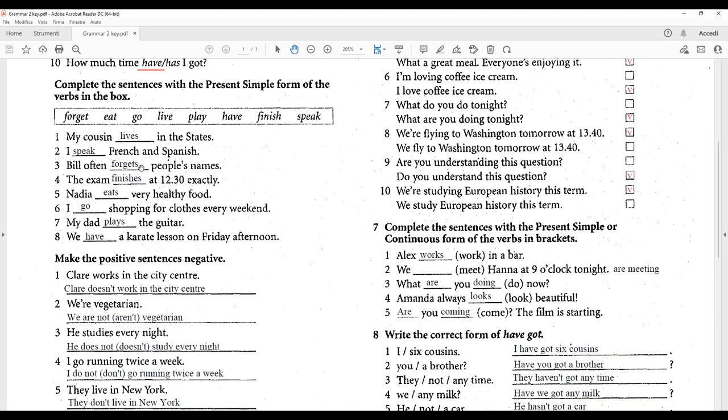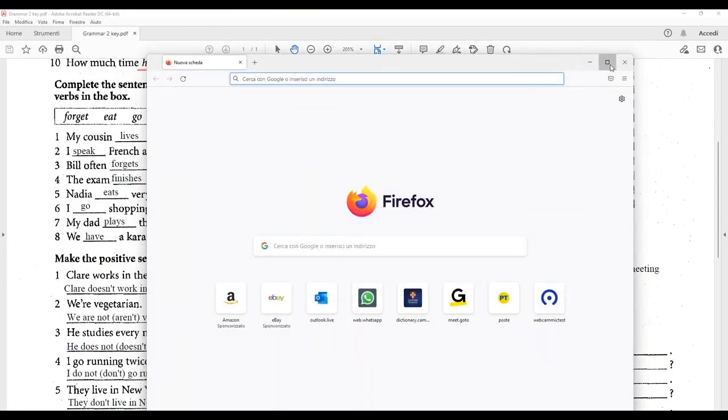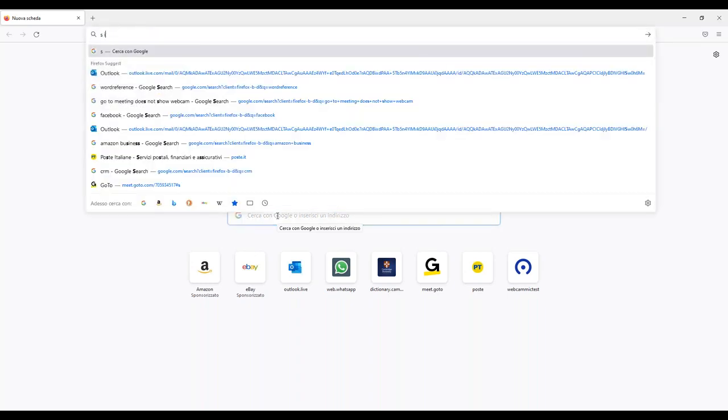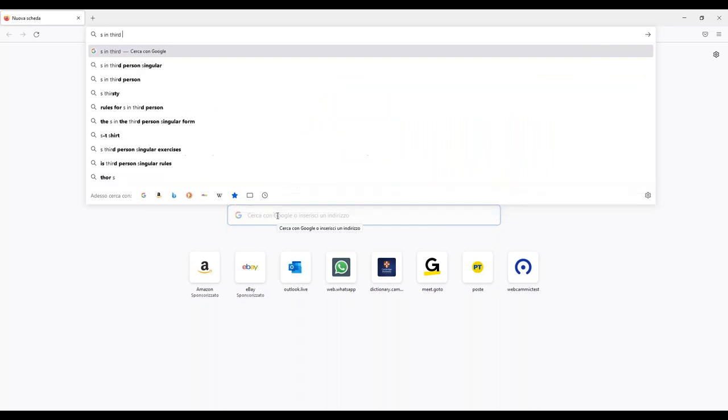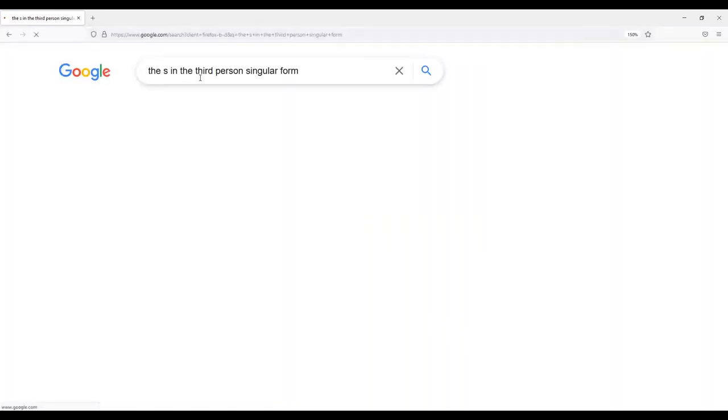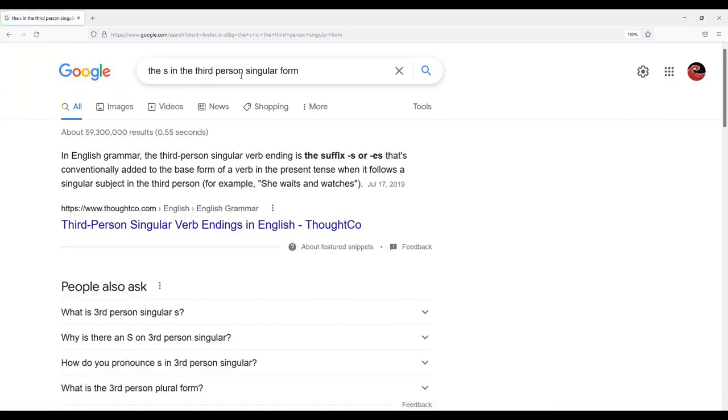Also, keep in mind, in case you have some questions about the correct use of the S, we can always browse the net. For example, search for S in third singular form. The S in the third singular form.